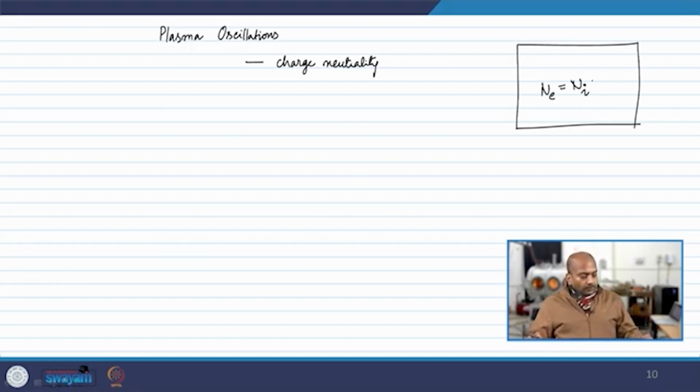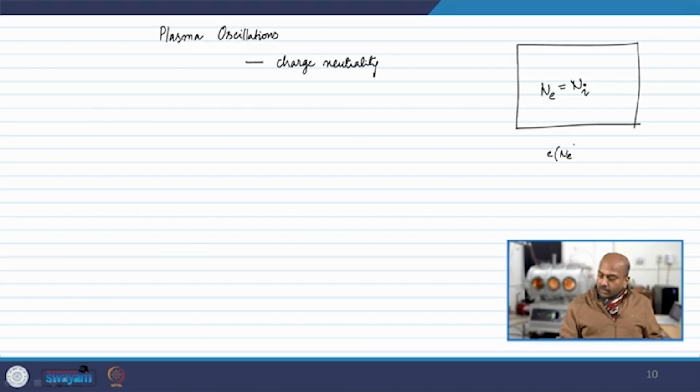So the total charge of electrons and the total charge of ions will be equal. This is what we call charge neutrality or quasi-neutrality.